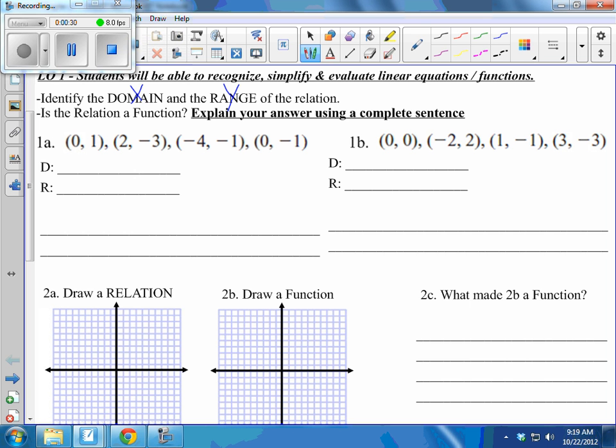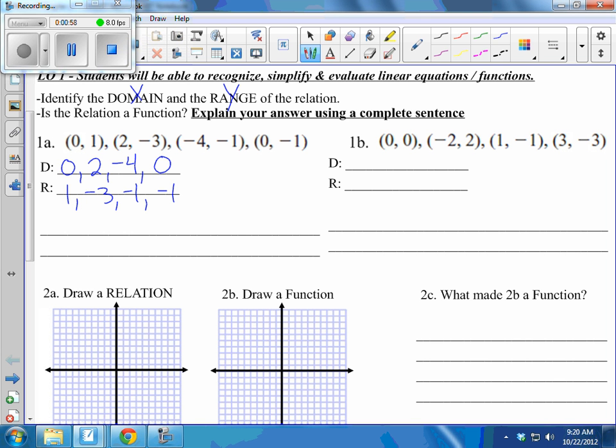So when I go for 1A, the domain, I'm simply going to just list the x coordinates, and then when I go for the range, I'm going to list the y coordinates. And then that's it. As far as the second part, is the relation a function? The answer is no. And where you look is in the domain. In the domain, all of the x coordinates have to be different in order for it to be a function.